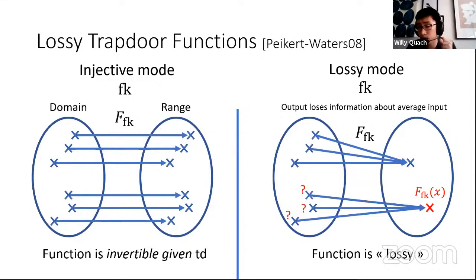That should be information theoretically hard. If that holds, we say that the function is lossy. And last, a property that ties everything together is that if I'm sampling a key in injective mode or in lossy mode, then you cannot tell the difference. You can evaluate the function, but you don't know if the function that you are getting is injective or lossy. Okay, so that's a lossy trapdoor function.